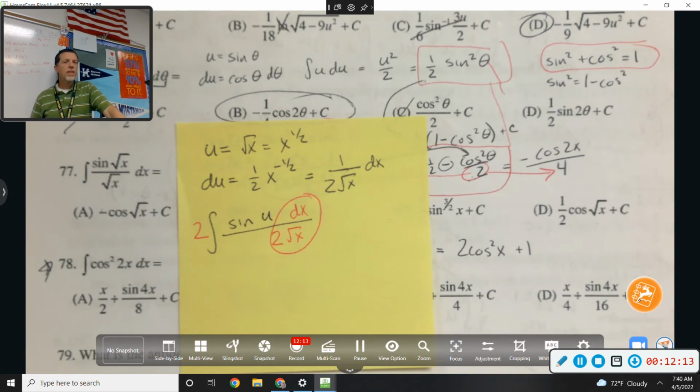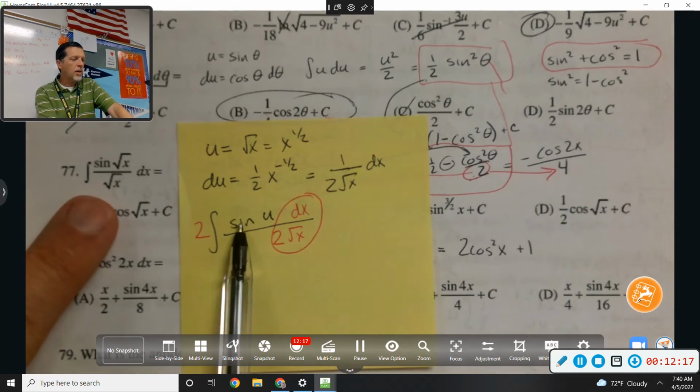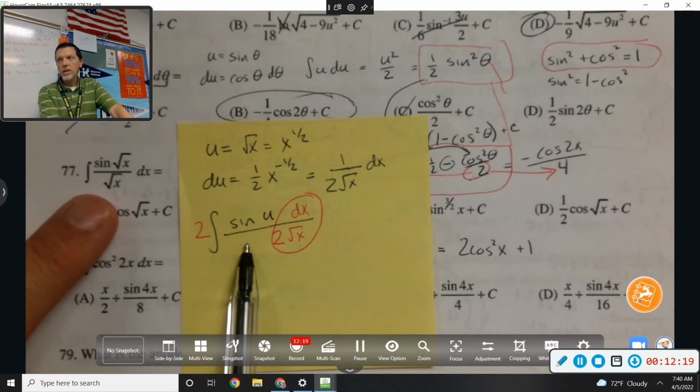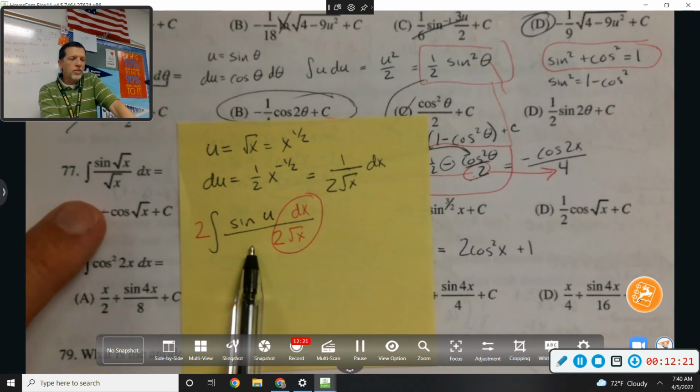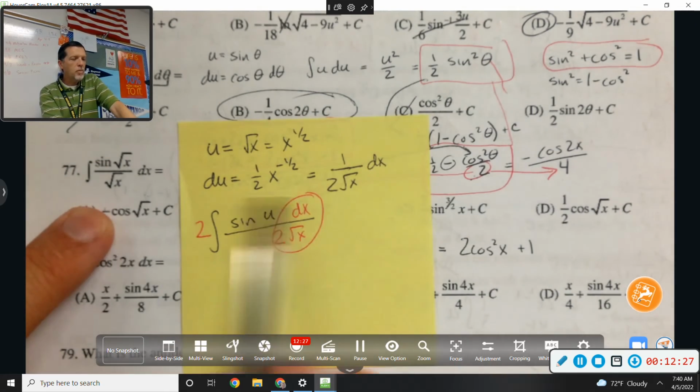So that's a tricky one, because it's tempting to put sine u over u and just replace that bottom square root with u. And that wouldn't be wrong, it's just you wouldn't be able to integrate it. It'd be stuck. So instead you see that bottom square root as being part of du.